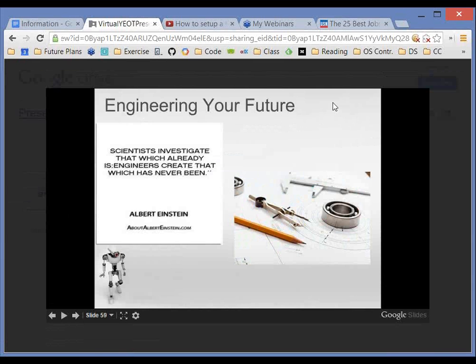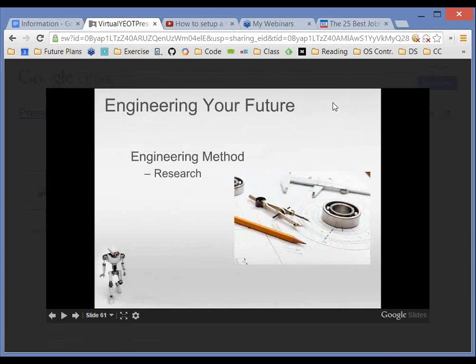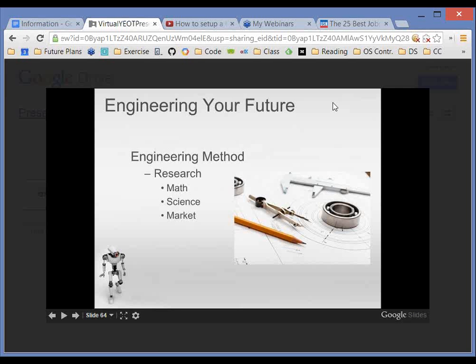Whereas engineers, sometimes they use science, but they see how the world reacts and create new things based off of that. Engineers do research, often involving pulling from science, math, pulling market data.